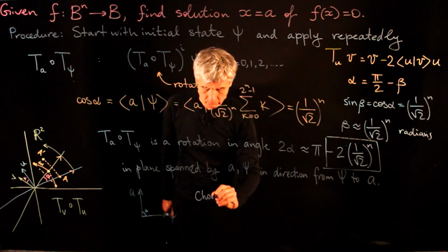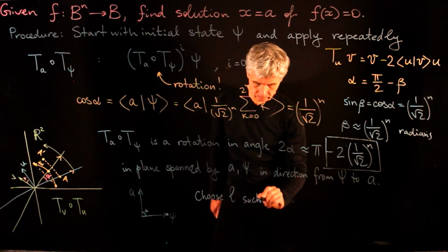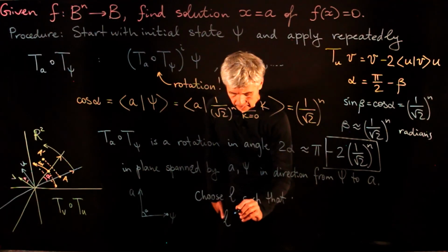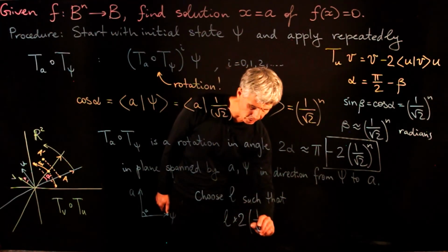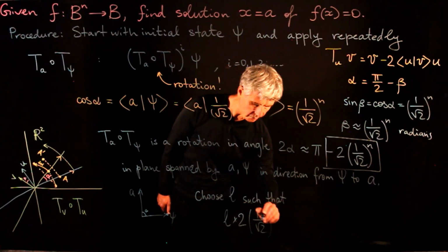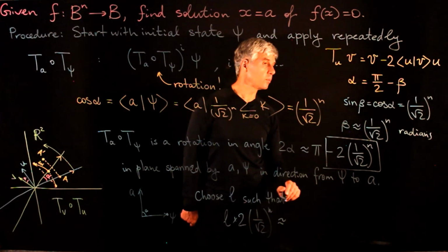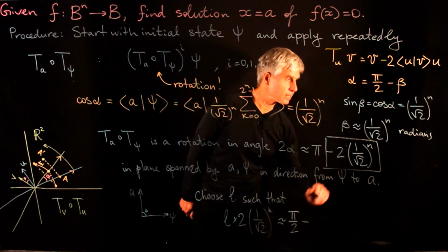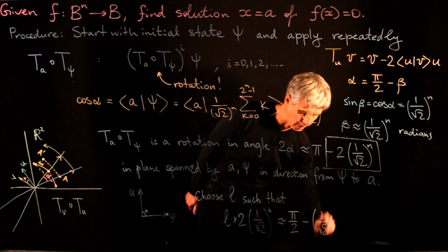So we choose L such that L times 2 times 1 over square root of 2 to the power n is approximately equal to pi over 2 minus 1 over square root of 2 to the power n.